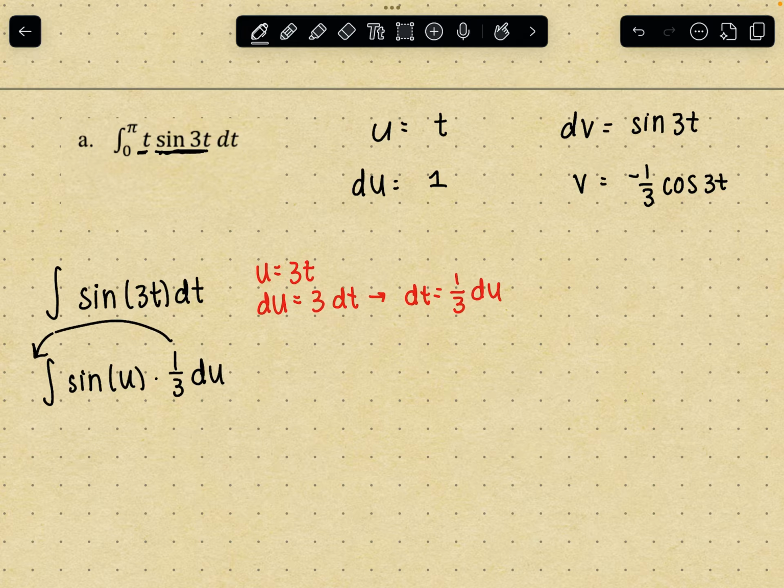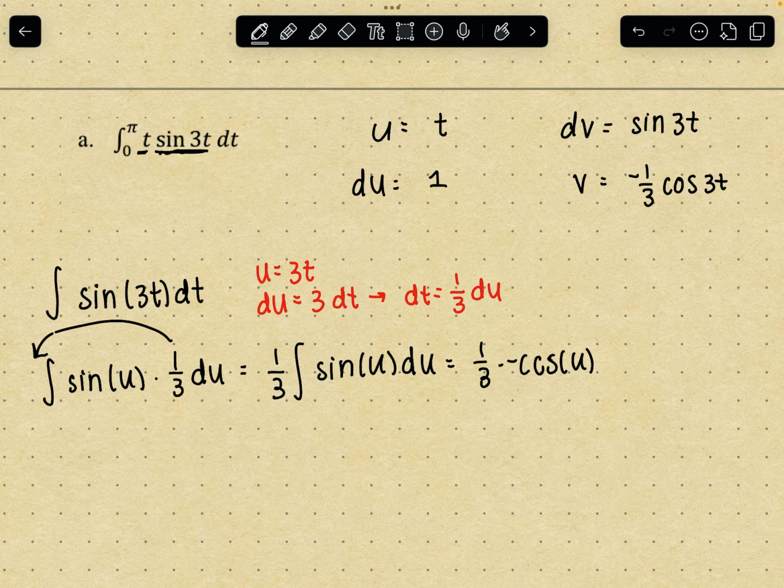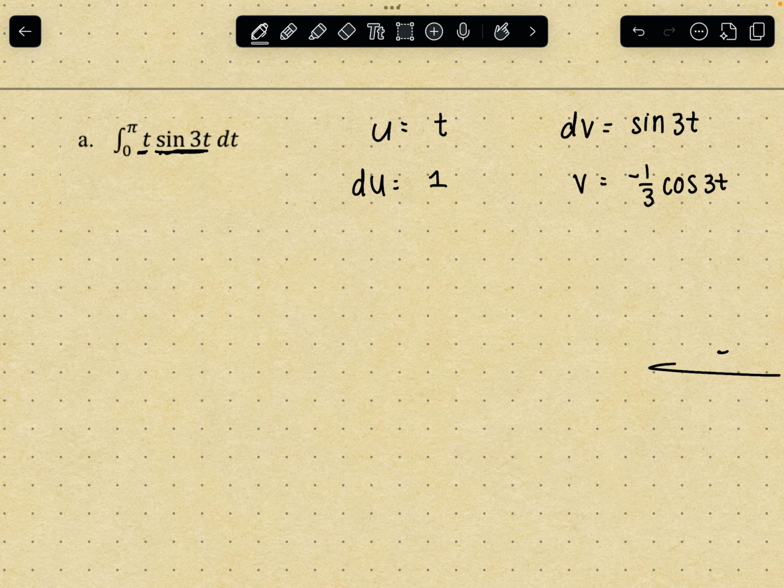Remember, constants, pop them out because we can. So I'm doing 1/3 times the integral of sine u du, which is 1/3 times negative cosine u. Then I plug in my u, so I get negative 1/3 cosine 3t, which is how I did that. All right, great, we have that. I'm just going to put this out of the way.